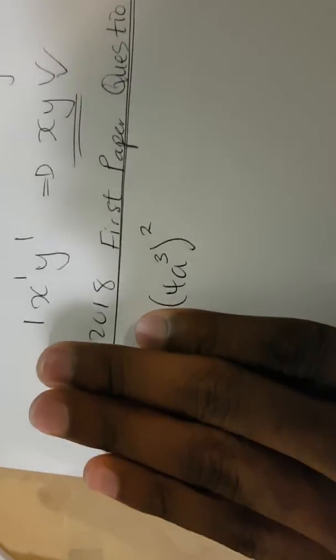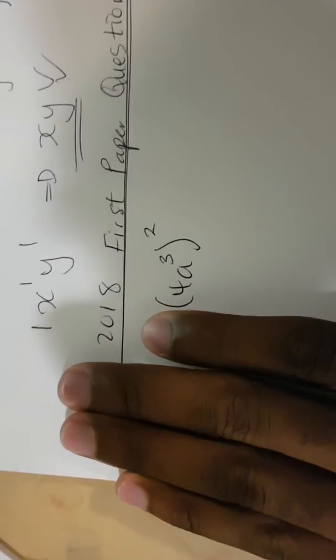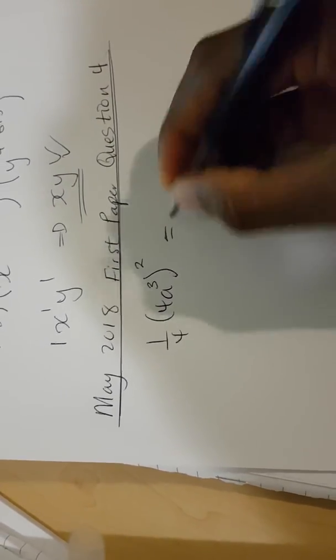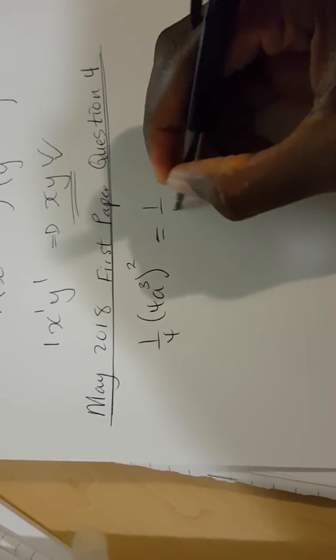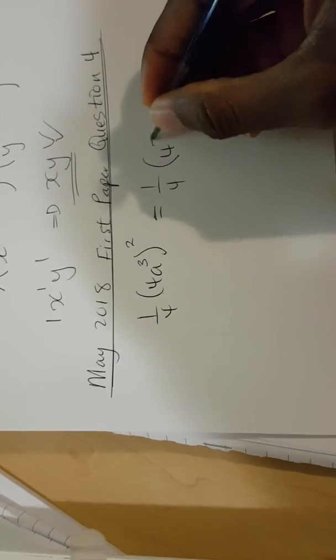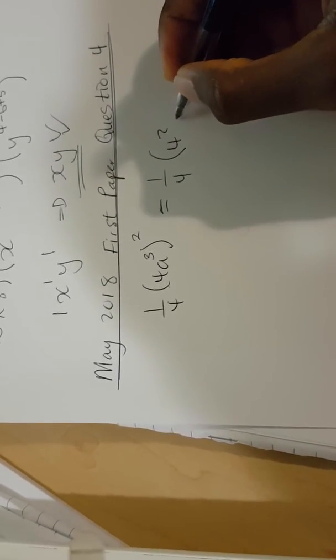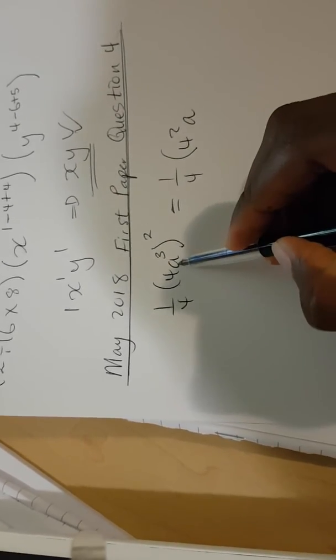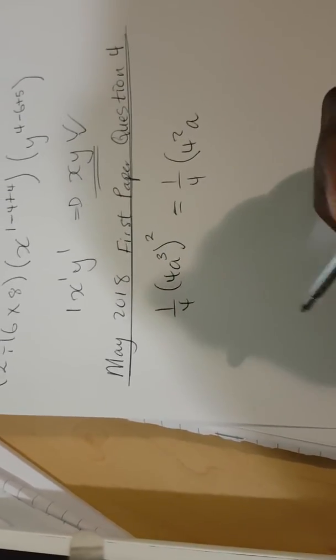Ignore this 1/4 at first. So if we ignore this 1/4, we'll say it's equal to 1/4 bracket, and now we'll say 4 to the power of 2. Remember, everything that is inside the bracket has to be raised to the power of 2.